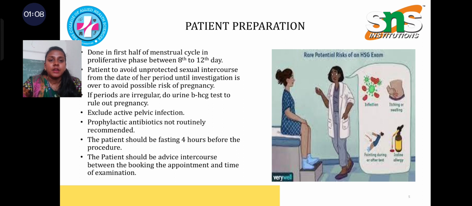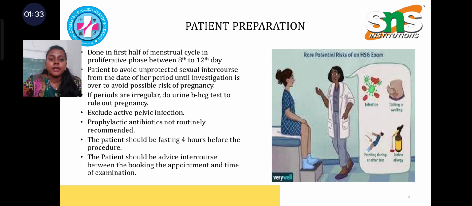Patient preparation: done in the first half of the menstrual cycle, in the proliferative phase, between the 8th to 12th day. Patient to avoid unprotected sexual intercourse from the date of the period until the investigation is over, to avoid possible risk of pregnancy. If periods are irregular, do a urine beta HCG test to rule out pregnancy.